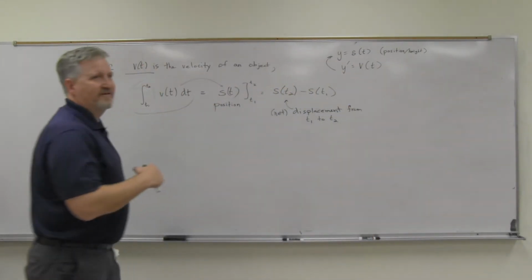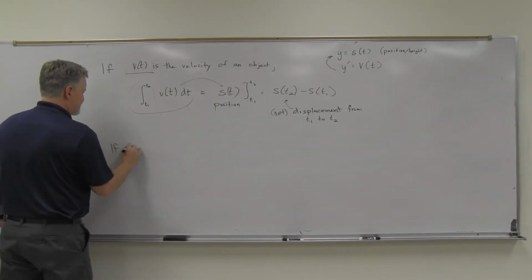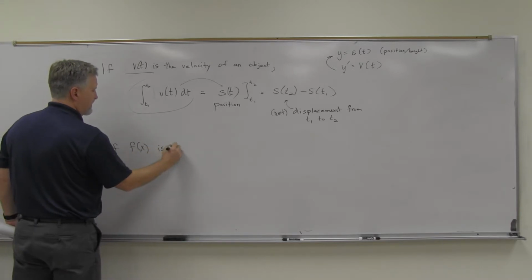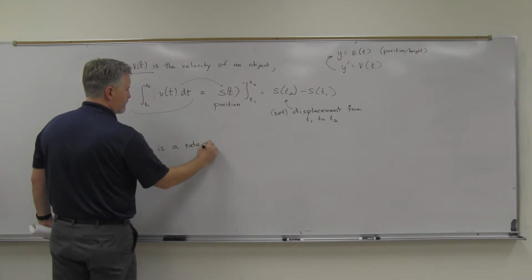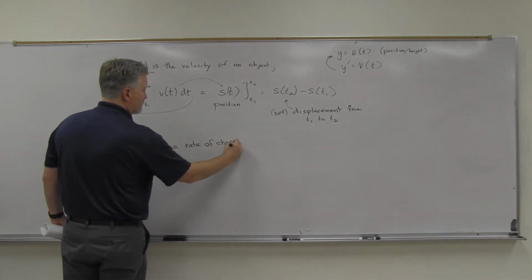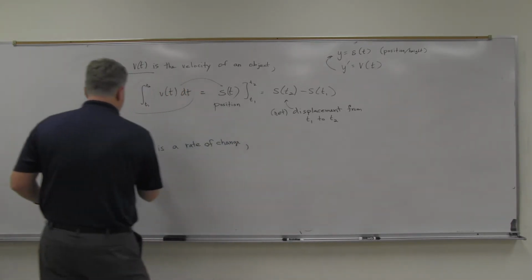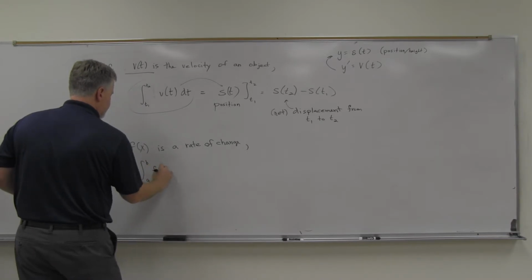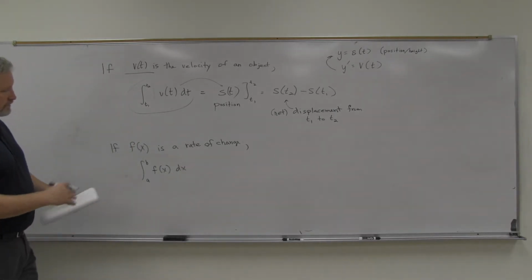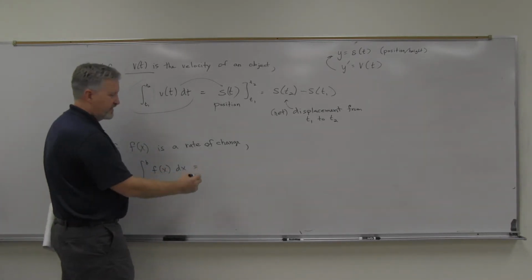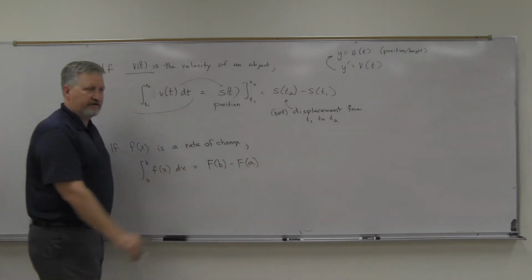Well, to put it in more generic terms, velocity, we said, another way we can describe that is a rate of change. So if f of x is a rate of change function, the integral from a to b of f of x dx, which would be, when we do the antiderivative, big F of b minus big F of a, where big F is the antiderivative.